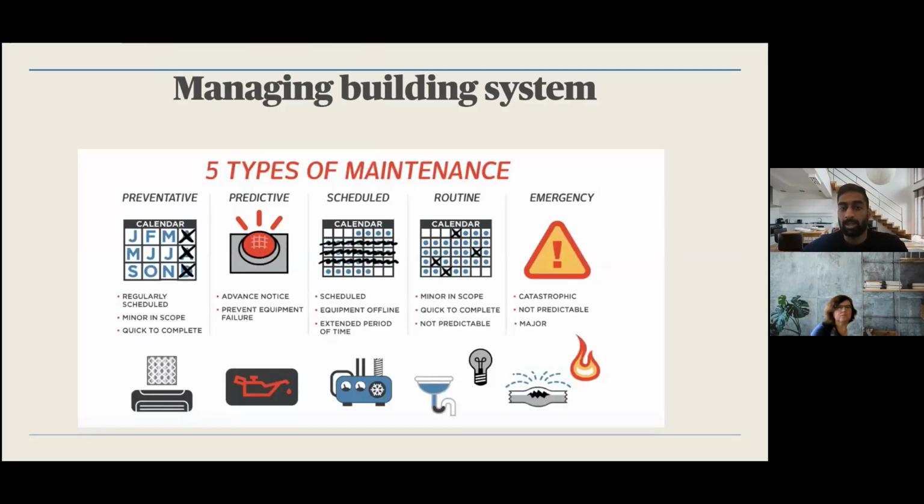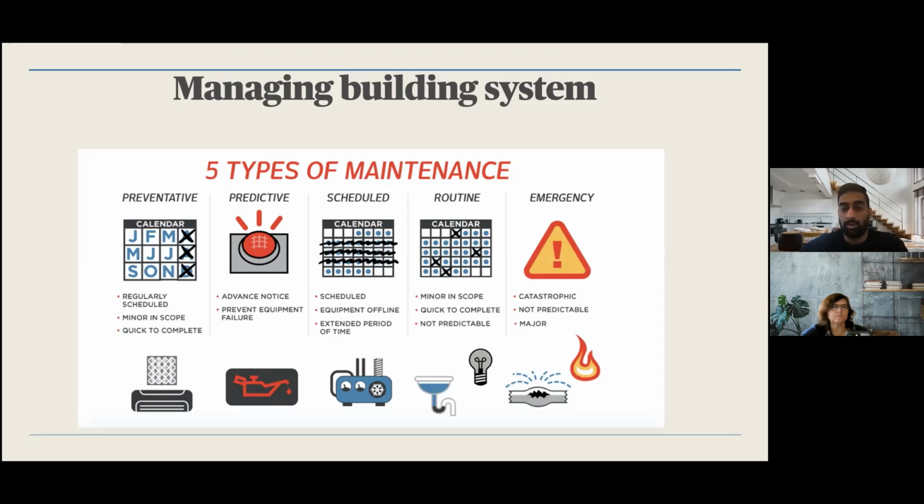So in managing the building system, there are five different kinds of maintenance: preventive, predictive, scheduled, routine, and emergency. Preventive and predictive are done so that in future there is less chance of the machinery breaking down.